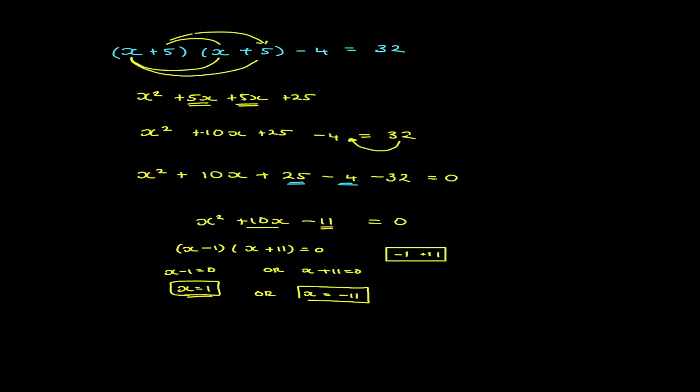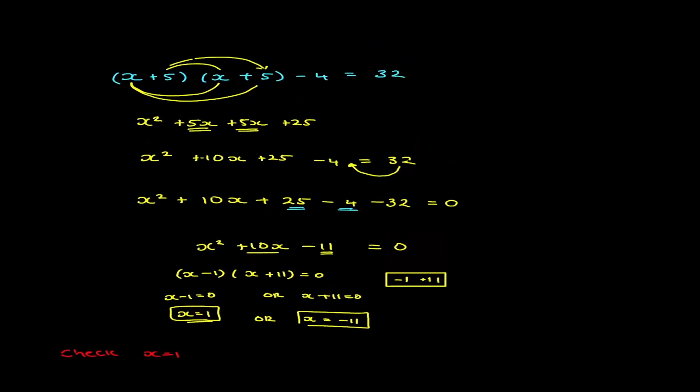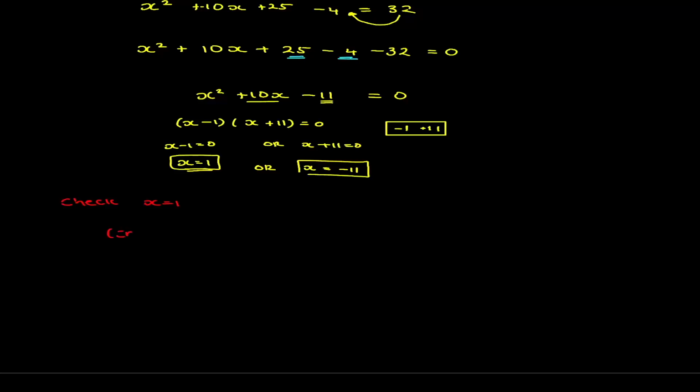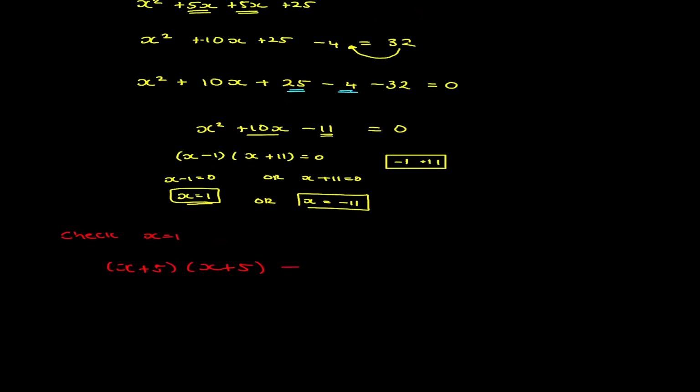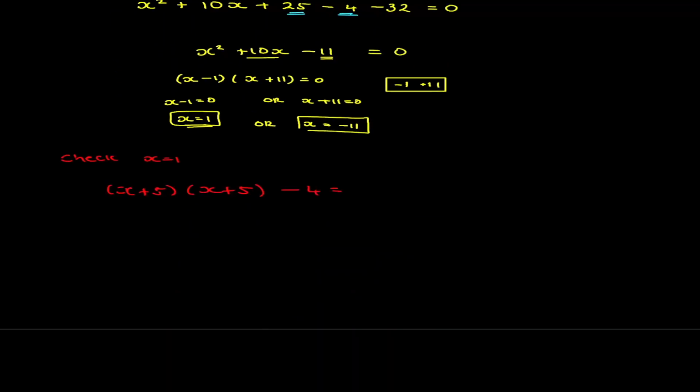Okay, let's quickly run through it because it's a good idea to always check our work. Why not? So let's check solution 1, if x equals 1. So we're going to rewrite our equation. We had (x + 5)(x + 5) minus 4, and we want to know if it equals 32. So let's substitute our 1.